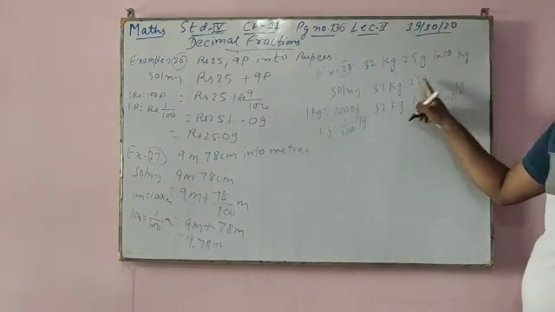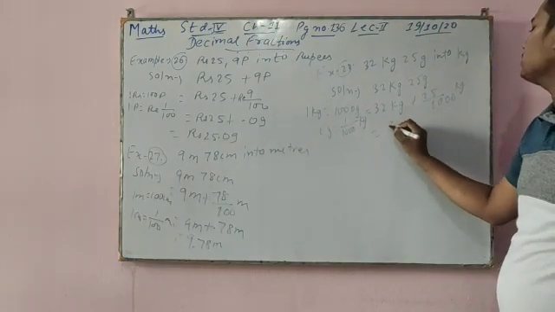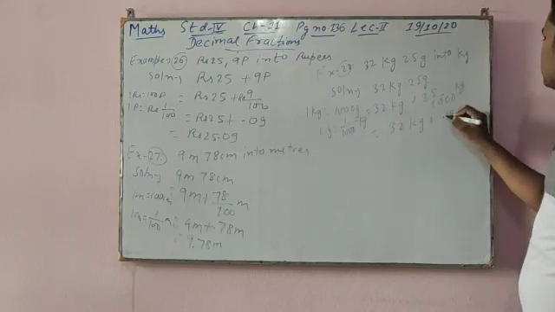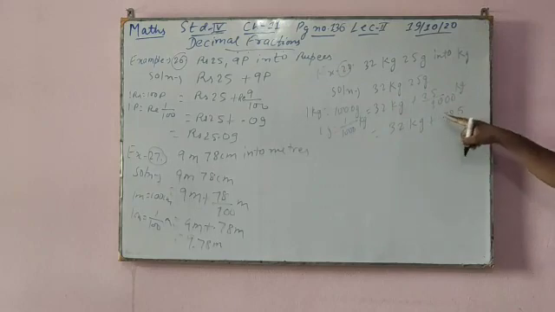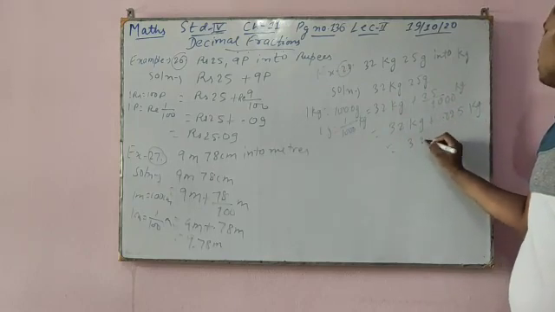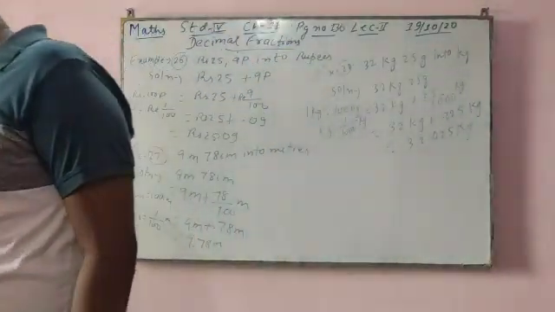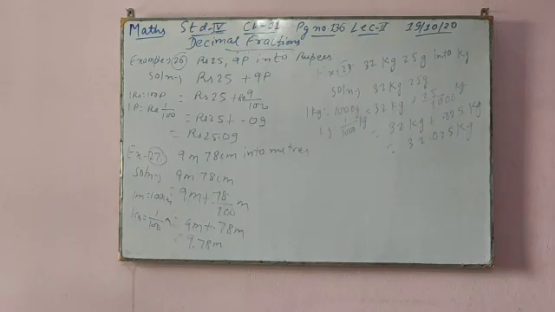So when you change gram into kg, you have to divide by 1000. 32 kg plus, changing into decimal, 0.025, because here there are 4 places: 1, 2, 3, 4. Now add: 32.025 kg is your answer.